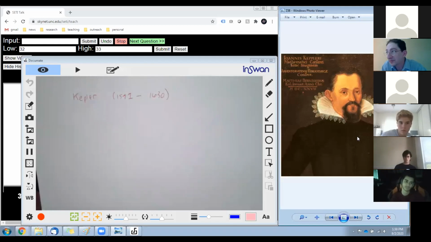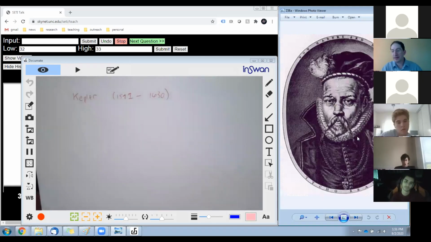Tycho put Earth at the center on religious grounds, although he had his own kind of different hybrid model that I think I'll show you in a slide or two. And Tycho clearly already thinks he's a great mathematician, so he's not going to think Kepler's more skilled than he is and can do better. So he kept saying, no, you can't have the data. Go work on these other tasks. And this really frustrated Kepler.